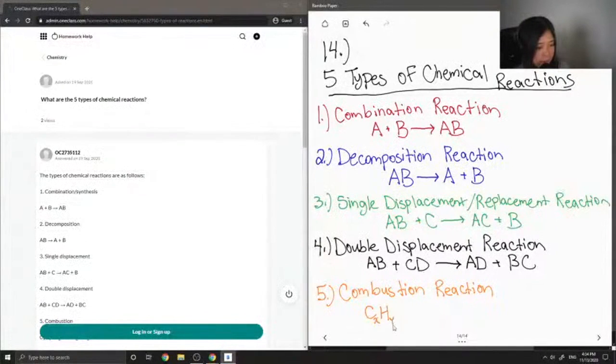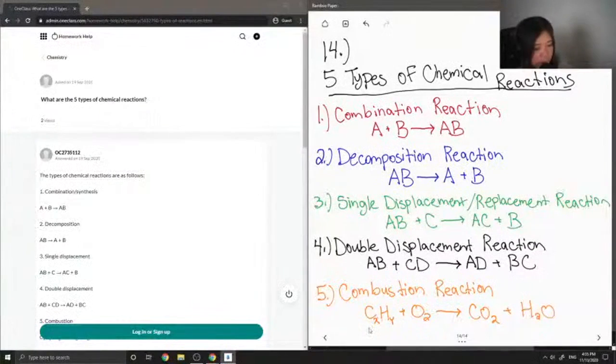It doesn't matter the type, so I'm just going to say like X and Y, and this hydrocarbon is exposed to oxygen. So oxygen would be one of the reactants, and the products will always form carbon dioxide and water.